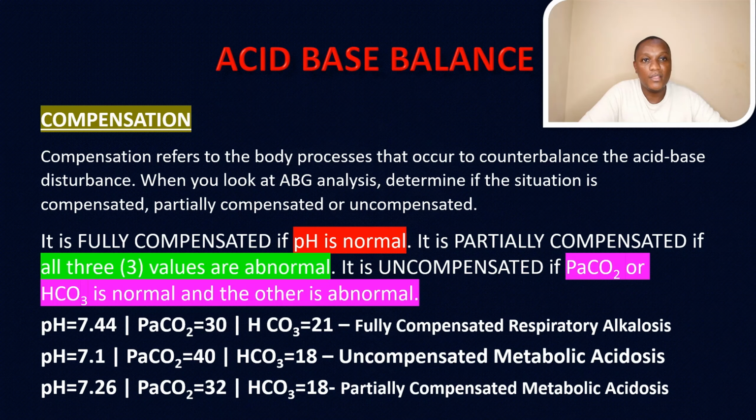All of them will be abnormal. For example, 7.26 pH, that is abnormal, it is low. Carbon dioxide of 32 is still low, abnormal, and bicarbonate of 18, that is partially compensated metabolic acidosis.